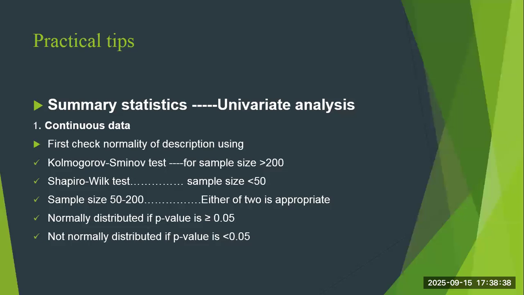Those of you who are conversant with SPSS know that these two results will be presented side by side when you check for normality. If your sample size is between 50 to 200, any of them is okay. But what I normally do is, if my sample is tilting towards 200, I consider Kolmogorov-Smirnov appropriate. If it is tilting towards 50, I consider Shapiro-Wilk appropriate.